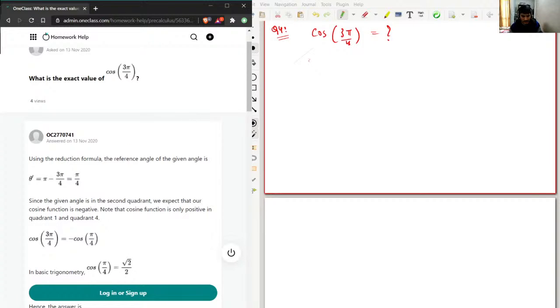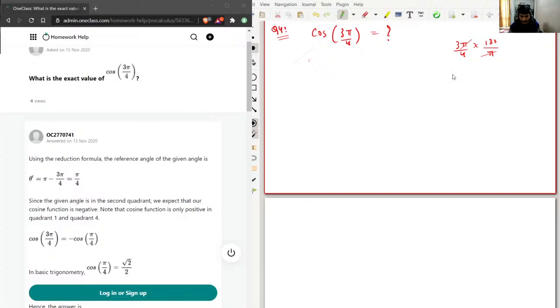First, I'll just convert this 3 pi by 4 into degrees. So this will be 3 pi by 4 into 180 over pi. I'll just use my calculator: 3 divided by 4 into 180, 135.